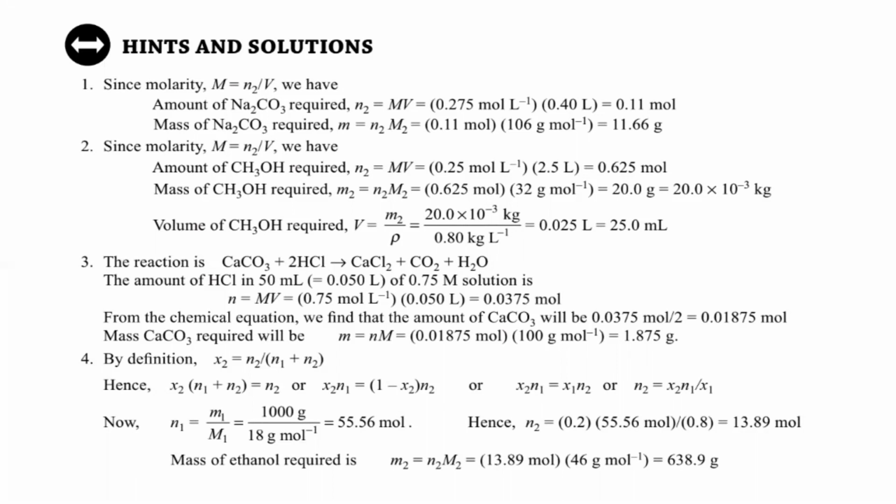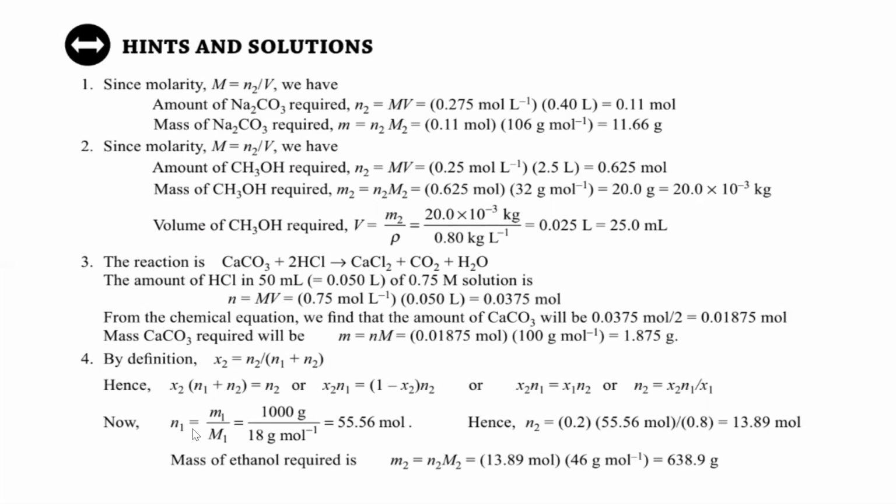So X2 N1 plus X2 N2 is equal to N2, or X2 N1 is equal to (1 minus X2) N2. This is how we got it, since the mole fraction of solute and the mole fraction of solvent add up to 1. By substituting, X2 N1 is equal to X1 N2, or N2 is equal to X2 N1 by X1.